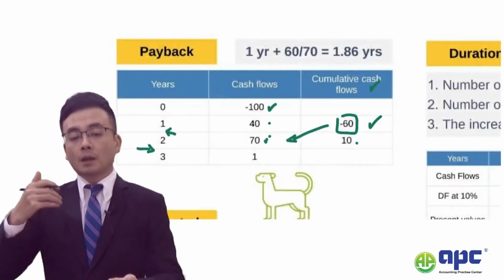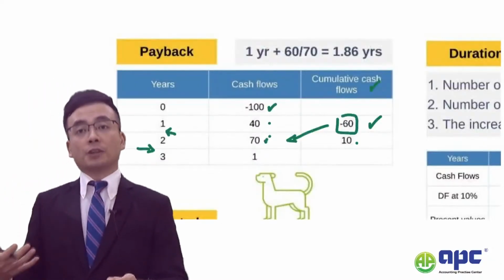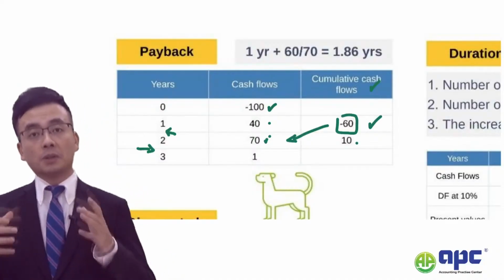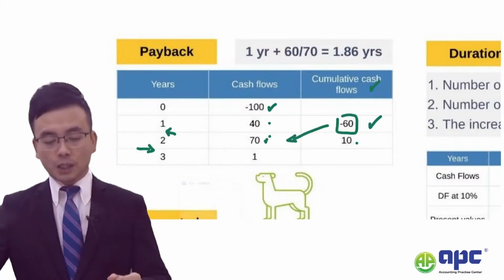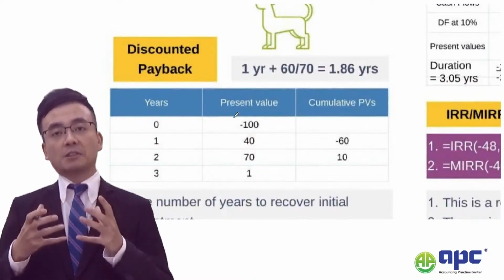Now, the problem with the payback is that we only consider the future cash flows, not discounting future cash flows to today, because we are not considering the interest effect. So that's why we can improve it using something called the discounted payback period.